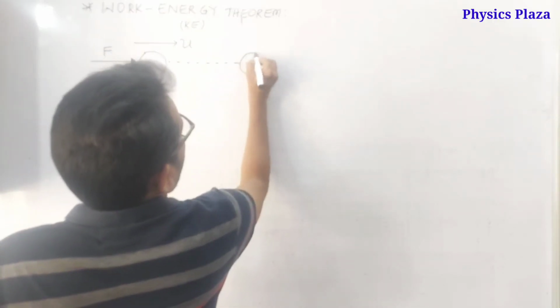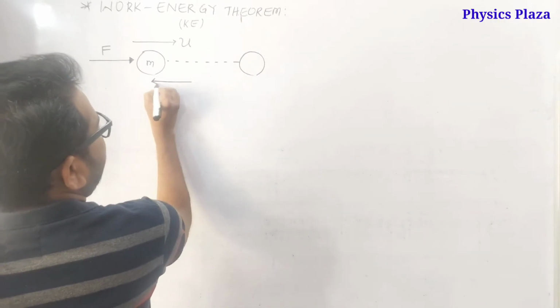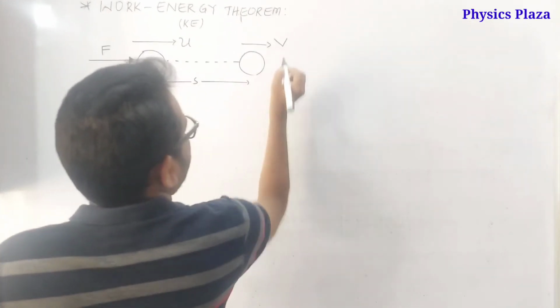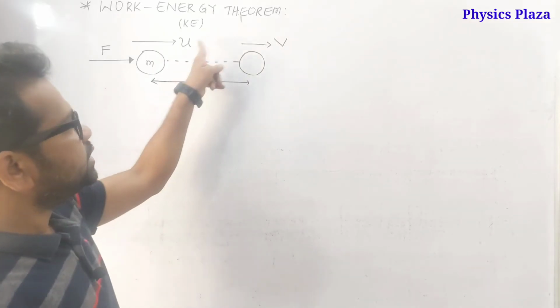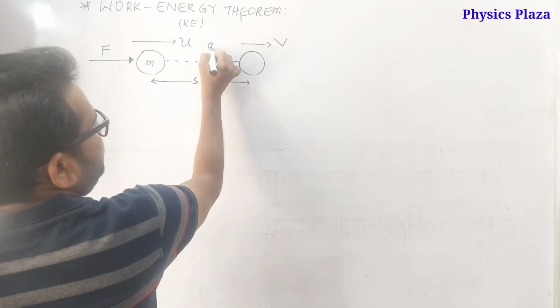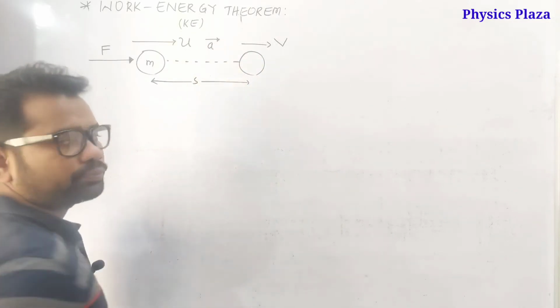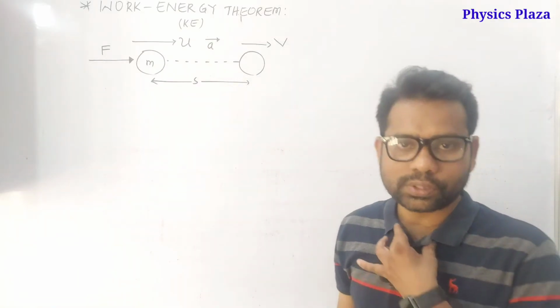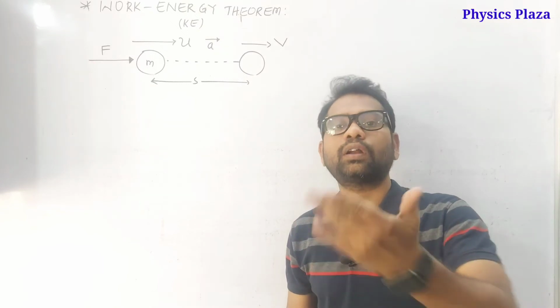Let, after covering some displacement s, the body's final velocity be v. As there is a change in velocity, obviously there will be an acceleration. Let us say that the body is going with a uniform acceleration. What is wrong? Because the change in velocity is constant.